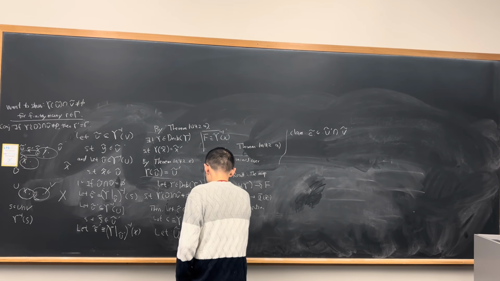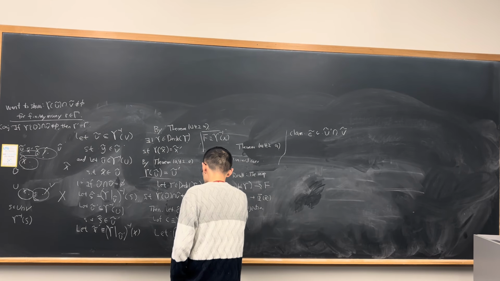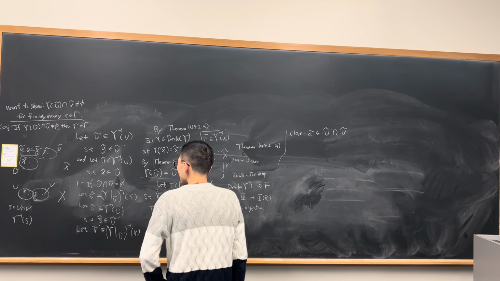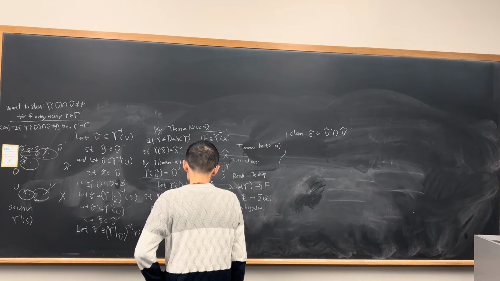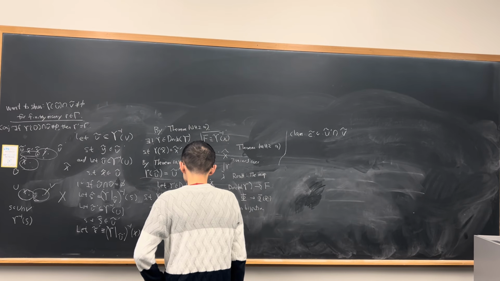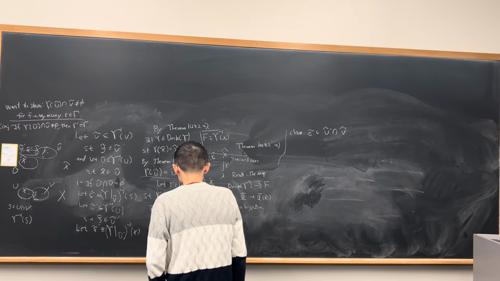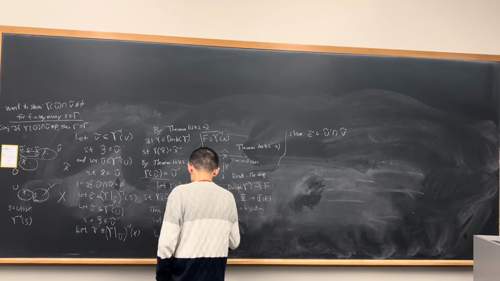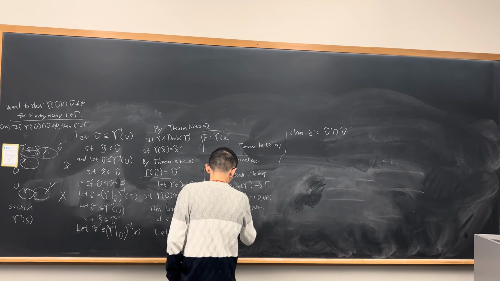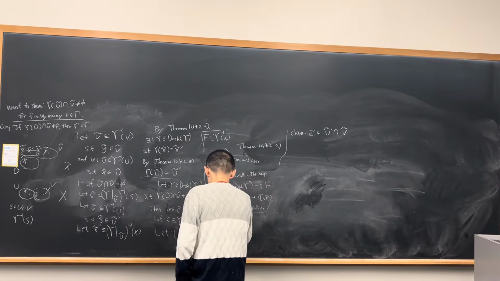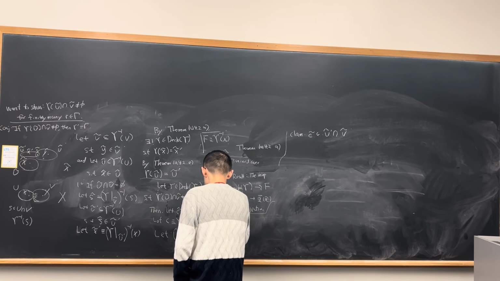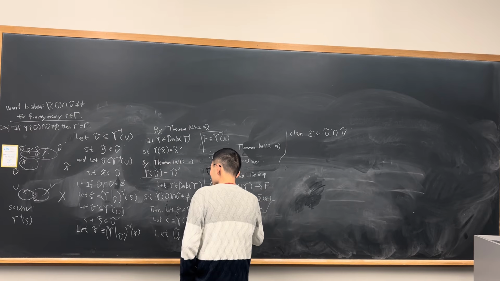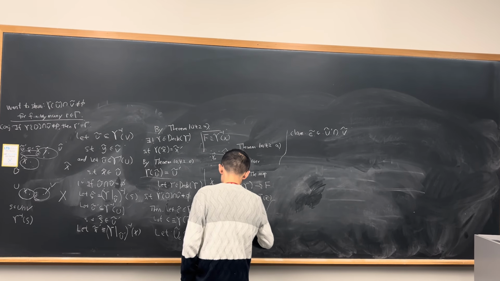Maybe let's do this. Here's my other claim: this C lies in this U intersect V, right?